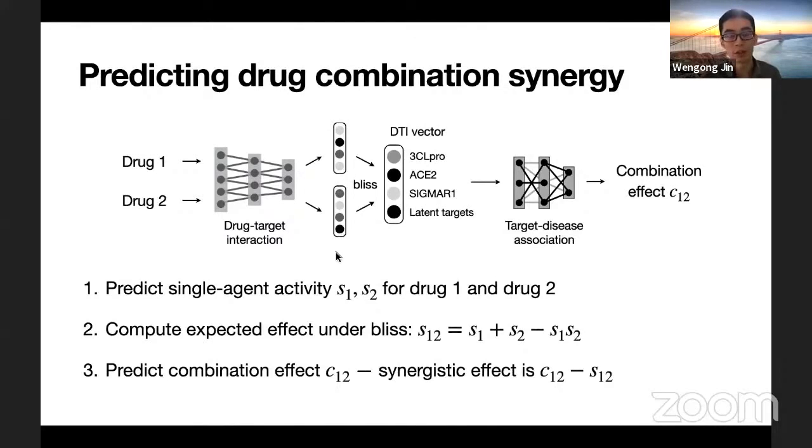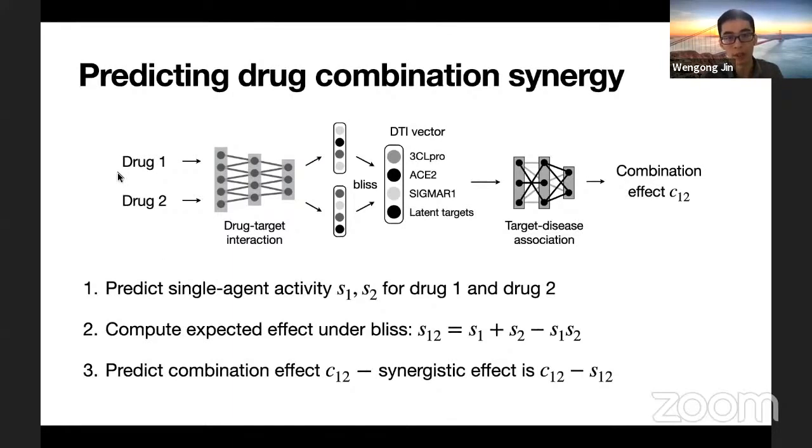Basically this assumes that if one drug interacts with this target, then the combination will be interacting with this target. Once we have this aggregated drug target interaction vector, we feed it into the target disease association module to predict the combination effect, C12. And this represents how effective this drug combination is.